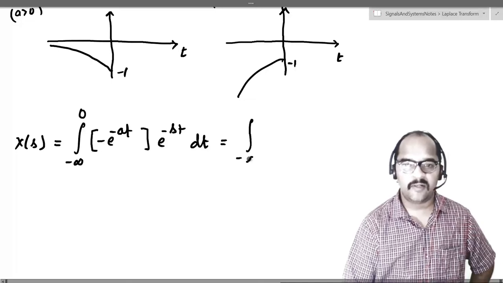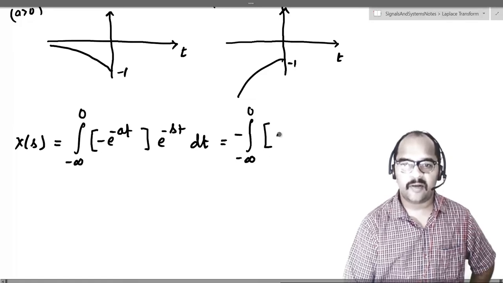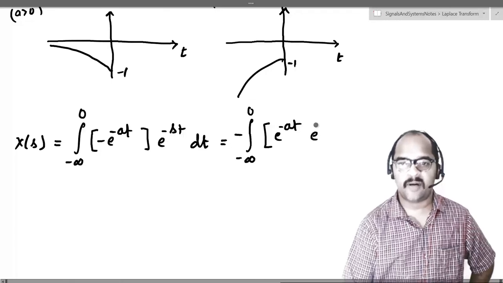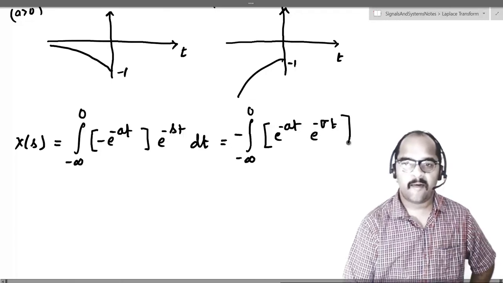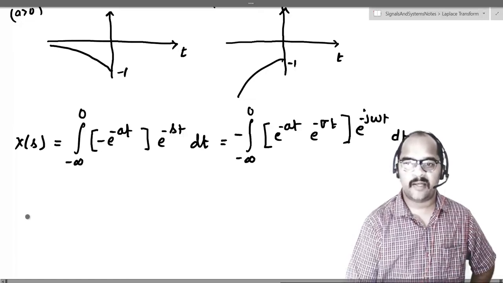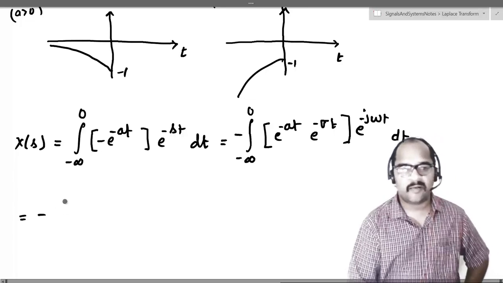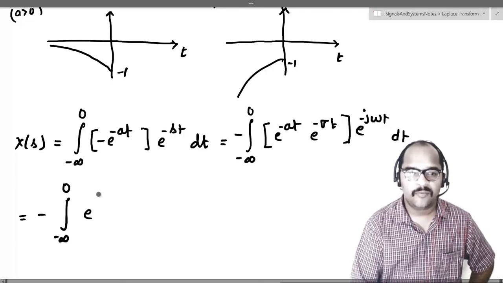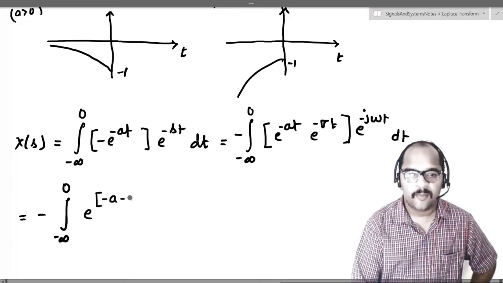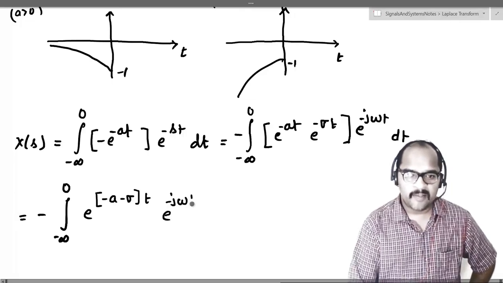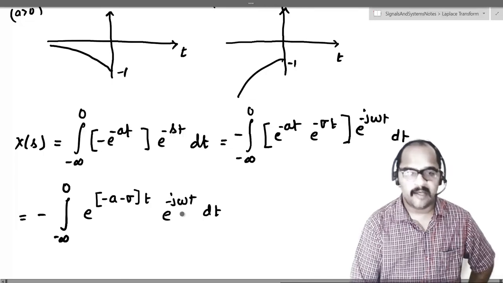So this should be equal to the integral from minus infinity to 0; minus we will keep out, we get e power minus a t. Substituting s with sigma plus j omega, you will get e power minus sigma t e power minus j omega t dt. So that should be equal to minus the integral from minus infinity to 0, I'll write it like this, e power minus a minus sigma t multiplied with e power minus j omega t dt.